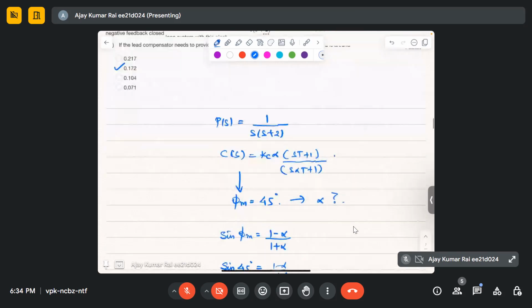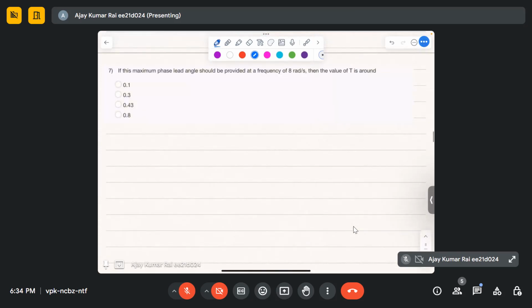Correct. Simple question, right? So let's find out this. If this maximum phase lead angle should be provided at a frequency of 8 radian per second, then the value of T is around what? Again the same formula, right?